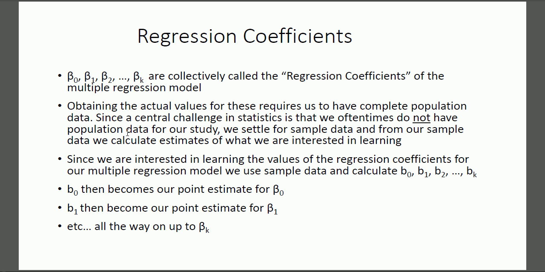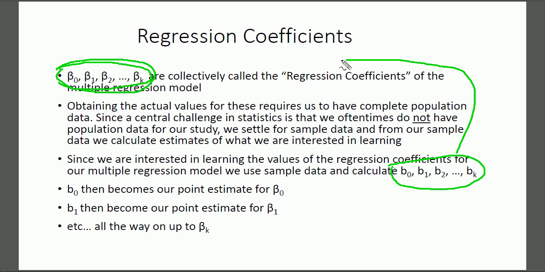So since we're interested in getting actual values for the regression coefficients, we're going to collect sample data and estimate these with these. At least symbolically, I want you to be aware of the distinction and connection between this group of regression coefficients and this one. The one up here is for population data, which we rarely, if ever, have. And the ones down here are estimates of these, estimated from sample data.